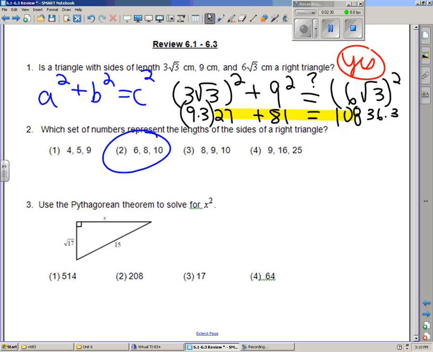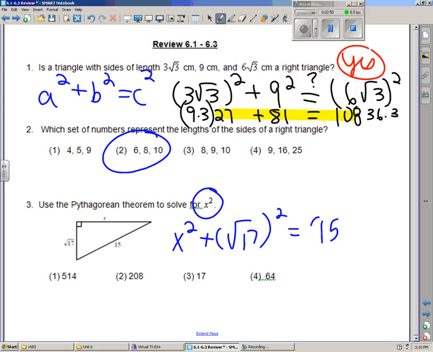The next one asks about finding the value of x squared. So use the Pythagorean theorem to solve for x squared, not for x, you have to read. So basically what you need to do is you need to square the legs and see what x squared becomes.